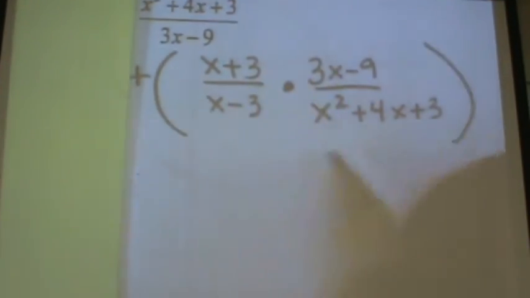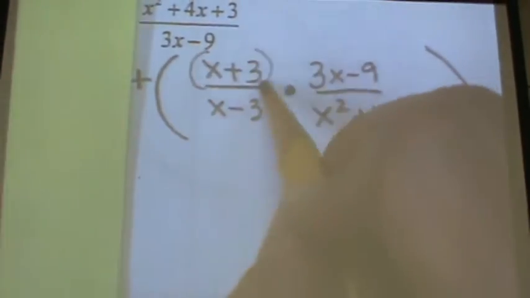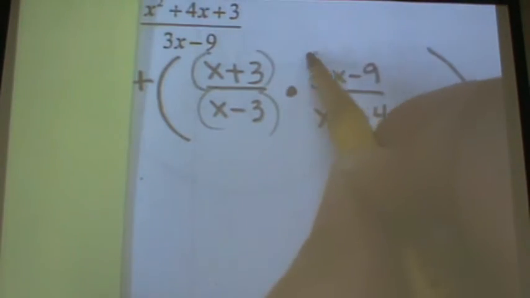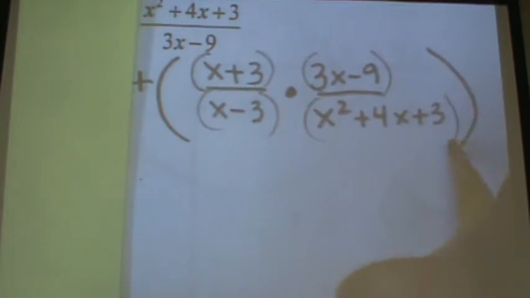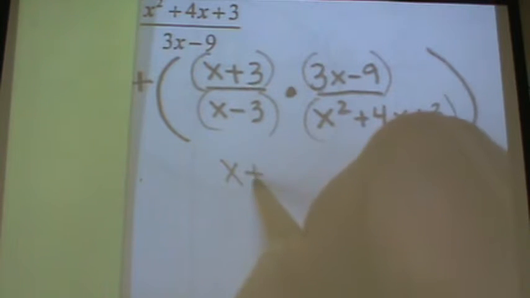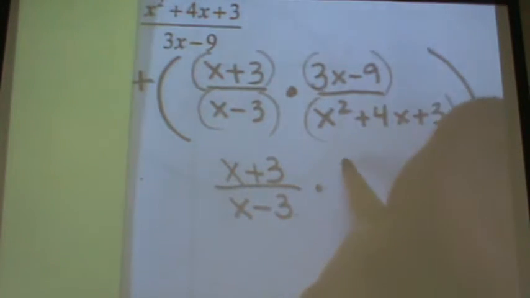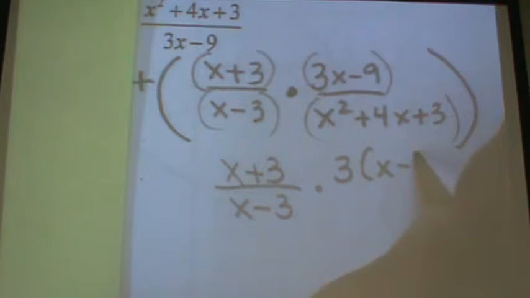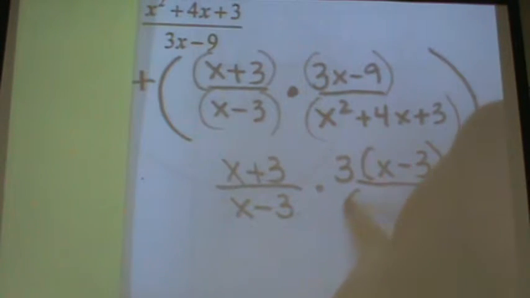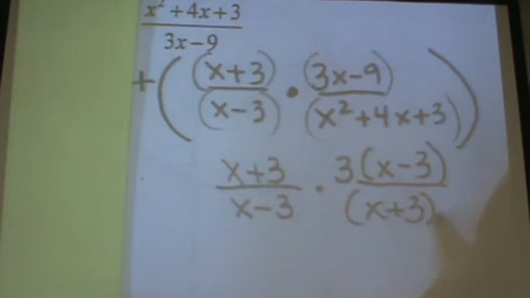What can I do with this? Factor what? Factor out a 3 for the top. What else? Factor the bottom. What cancels?